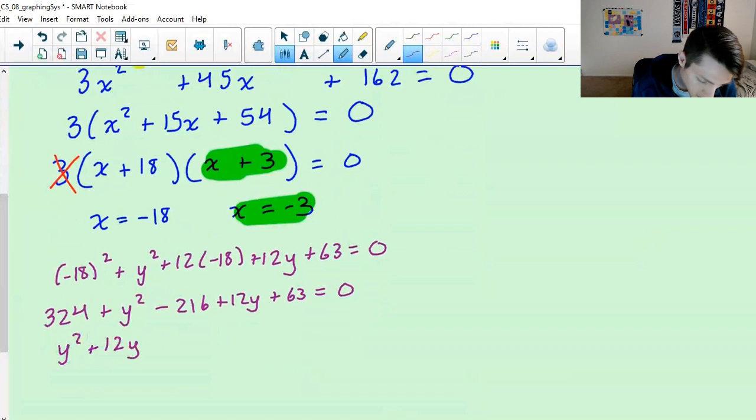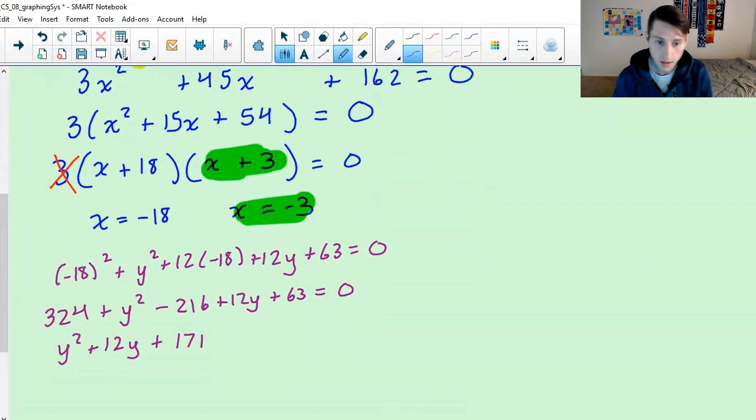Then y squared plus 12y, and then, oops, I cleared it. 324 minus 216 plus 63. So I'm getting plus 171. Is that right? I should actually double check all my answers now since I'm clearly really bad at this.